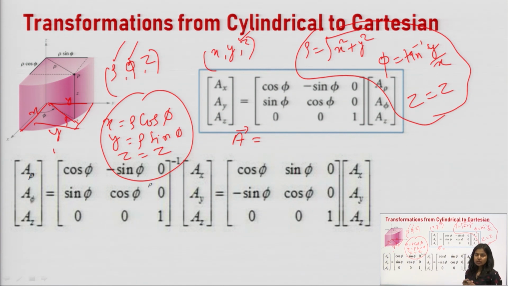Magnitude is given by the coefficient and direction is given by the unit vector. So here this is the formula to transform cylindrical to Cartesian, because this one is in Cartesian coordinates and this is in cylindrical coordinates.